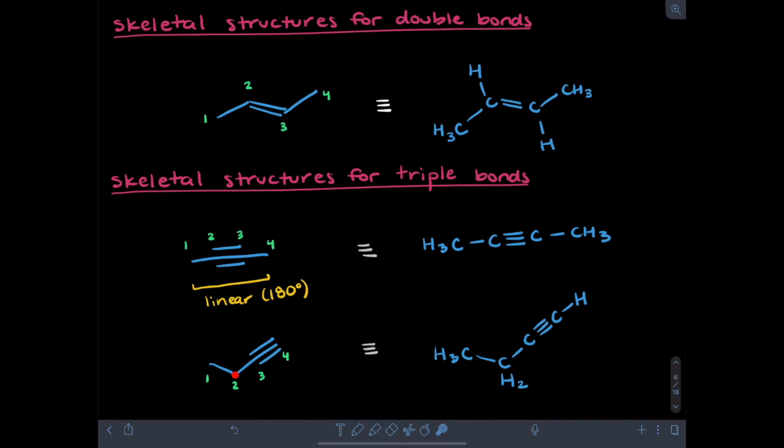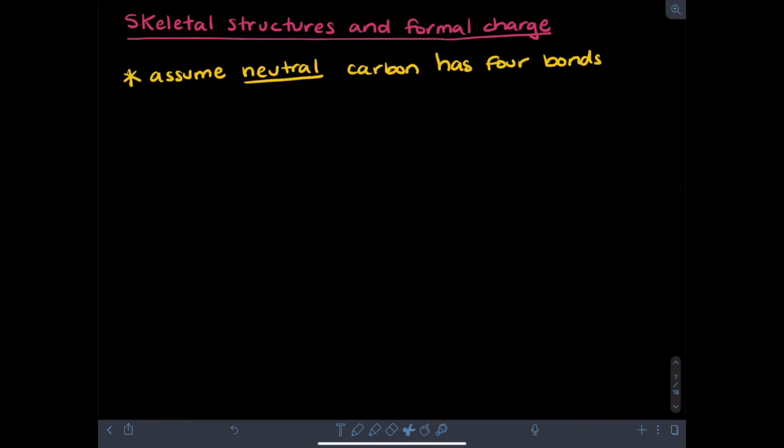Carbon 2, which has 2 bonds, has 2 hydrogens implied. Carbon 3, which already has 4 bonds, has 0 hydrogens. And carbon 4, which has 3 bonds, has 1 implied hydrogen.